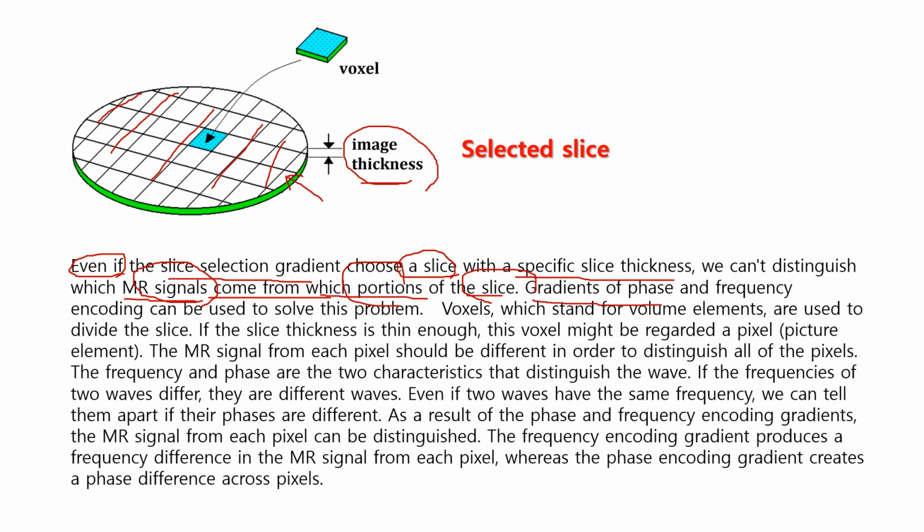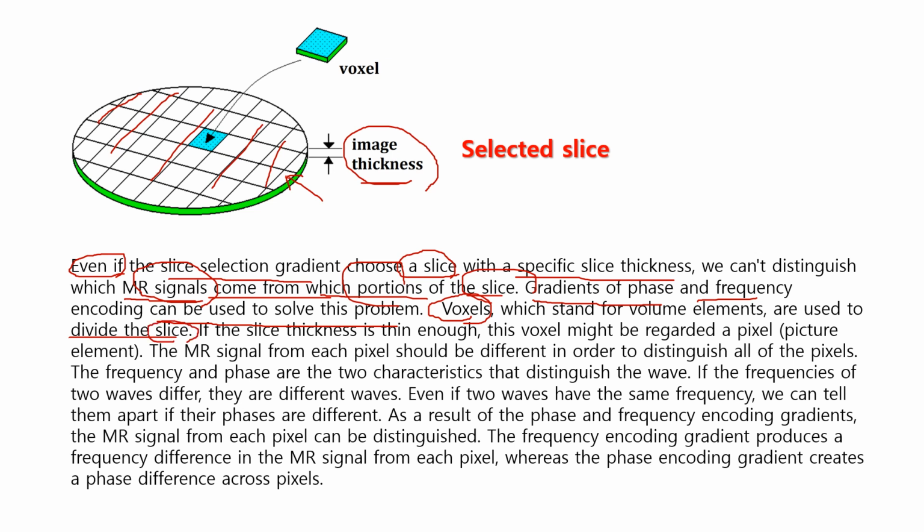Gradients of phase and frequency encoding can be used to solve this problem. Voxels, which stand for volume elements, are used to divide the slice.